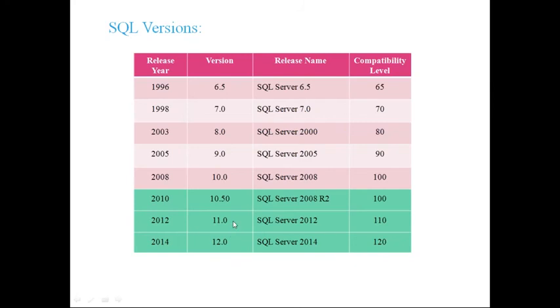If you connect to any SQL server, it doesn't say I'm 2012 or I'm 2014. It just says I'm 11.0 or I'm 12.0. So we should be in a position to map that if it is 12.0, then it is SQL 2014, and if it is version 11.0, it is SQL 2012. That makes you feel more confident about this software.